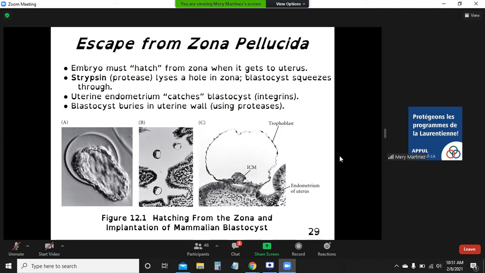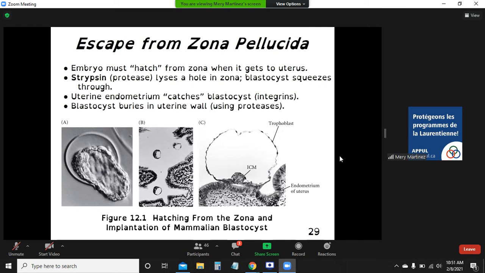So it's protecting them, and by that we avoid ectopic pregnancy in most cases. If the egg is fertilized at the very entrance of the fallopian tubes, it will hatch before it gets into the uterus. So the zona pellucida is protective there, and here we have our blastocyst hatching out.